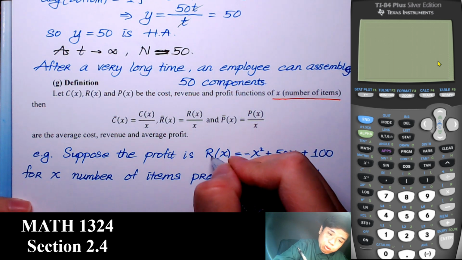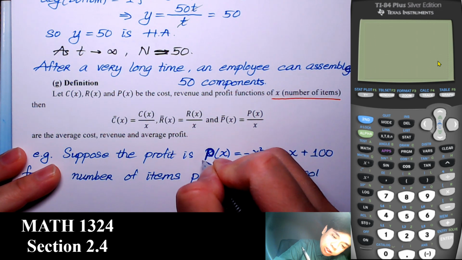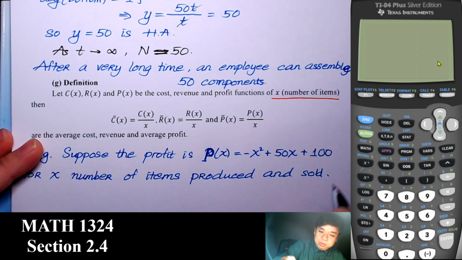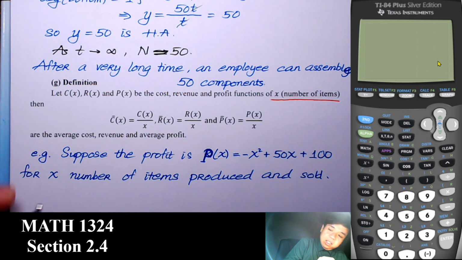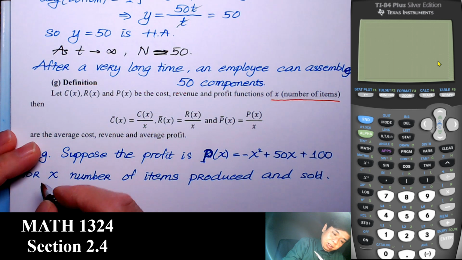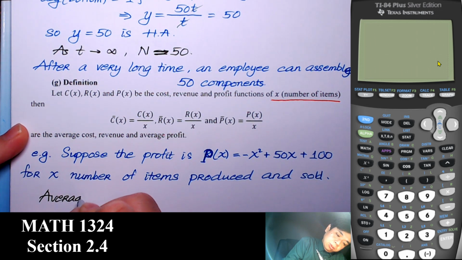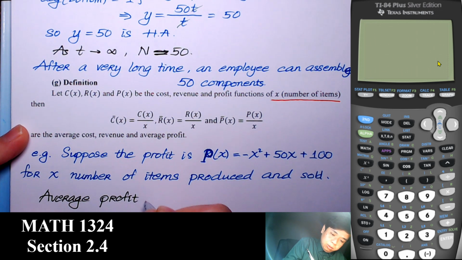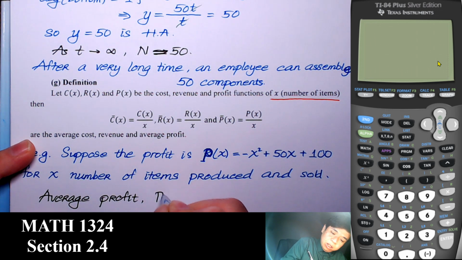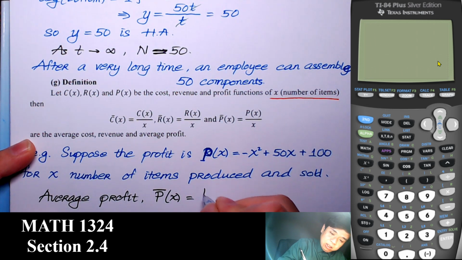The profit should be P. Sorry. So in that case, the average profit will be just P divided by x. We say the bar is just divided by x.